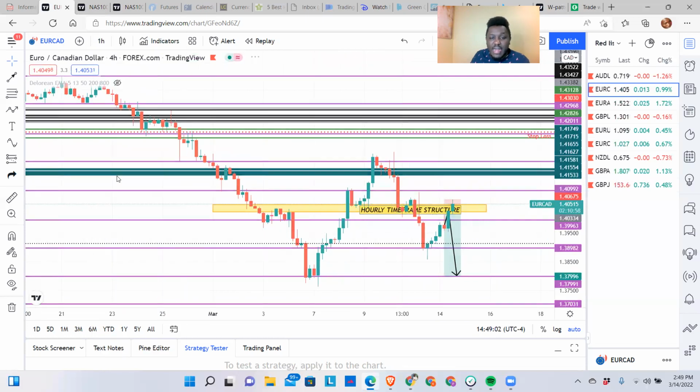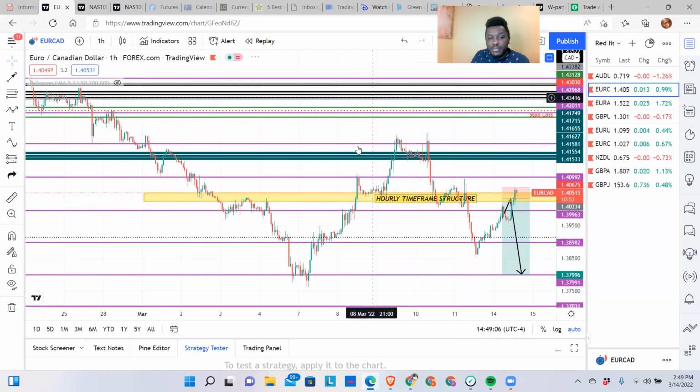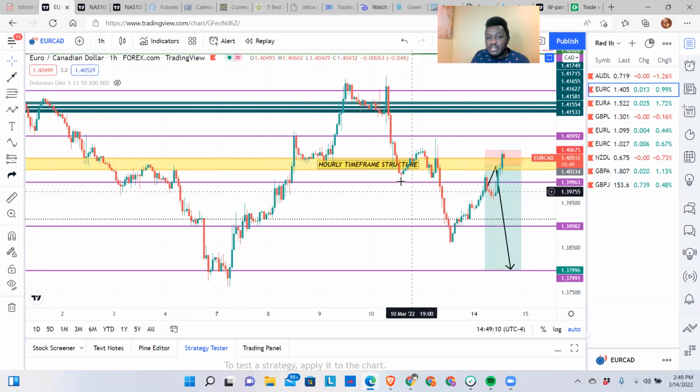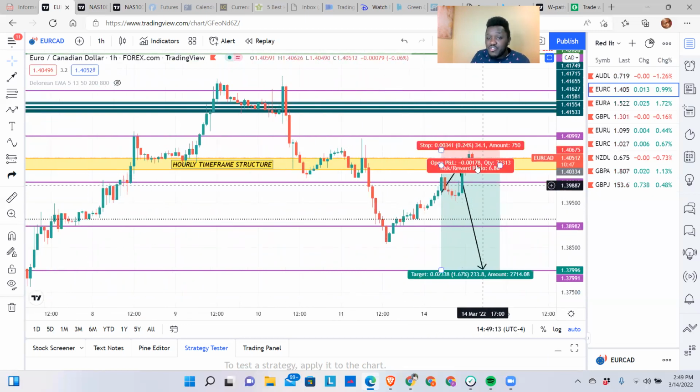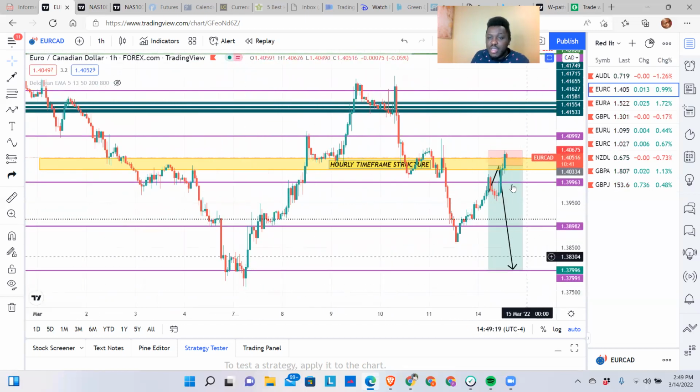When I looked at it on the 1 hour, my focus was on this whole zone right here, right? I should have paid attention to that. I'm still in the trade. It almost hit my stop loss. I'll see if it actually plays out, comes back to this zone.